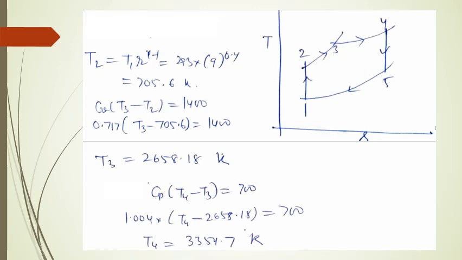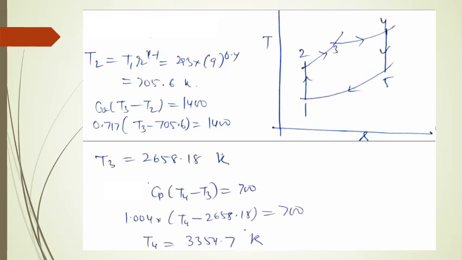Now you can see the difference between the 2 to 3 curve and the 3 to 4 curve. 2 to 3 is a constant volume curve, so it has a higher slope than an isobaric curve, that is 3 to 4. Now 4 to 5 is reversible adiabatic expansion. Again it is an isentropic process, so it has to be shown by a vertical line on the TS diagram. And 5 to 1 is heat rejection at constant volume.